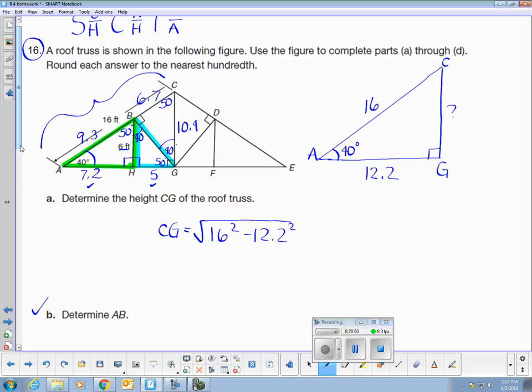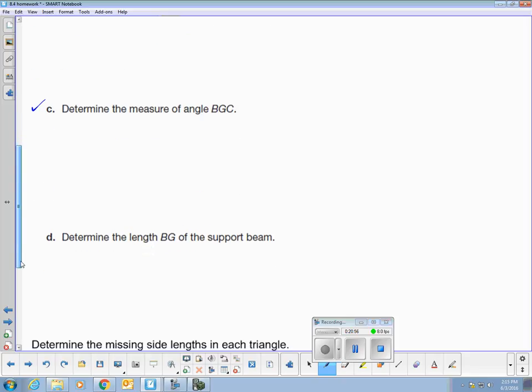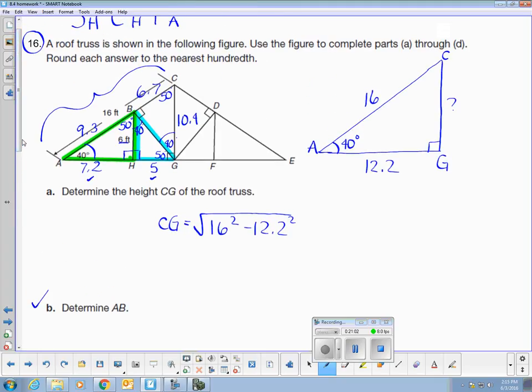And we're going to check that off. The length of BG, oh, we haven't found that yet. All right, so we need to find the measure of this length right here, BG.